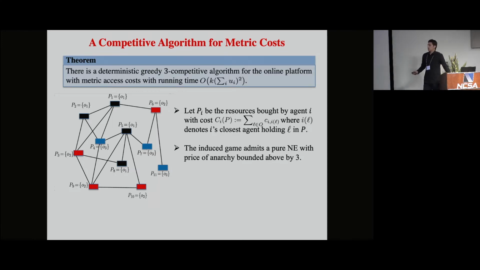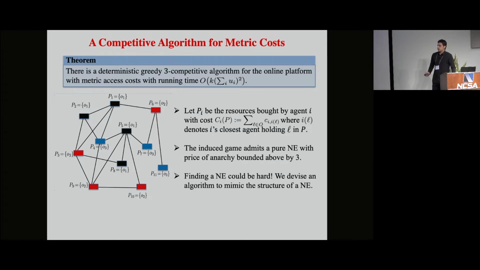And the better news is that it has a price of anarchy of at most 3. So in other words, if we can find a Nash equilibrium here, we can approximate the optimal solution within a factor of 3. But the problem is, it's really hard to find the pure Nash equilibrium here. In fact, we conjecture that it's a PLS-hard problem. We don't know how to find the pure Nash equilibrium.